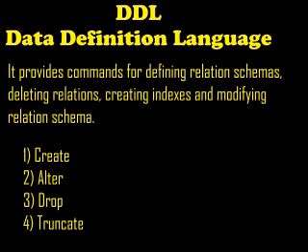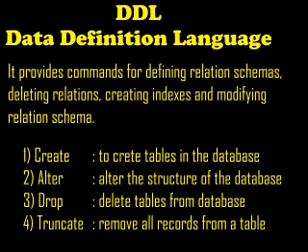Create command is used to create the table in the database. Alter command is used to alter, meaning change, the table in the database. Drop command is used to delete the table. Truncate command is used to delete all rows in the table. Okay, these are the things we studied in this video.